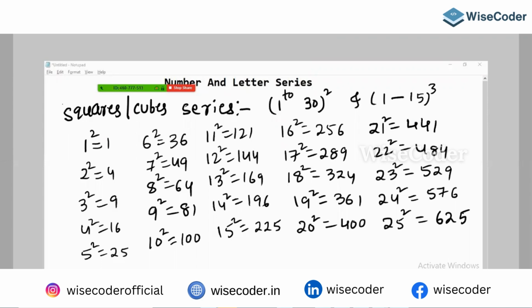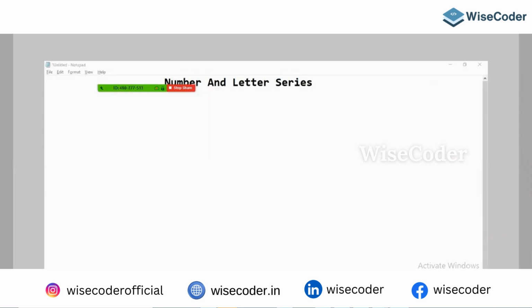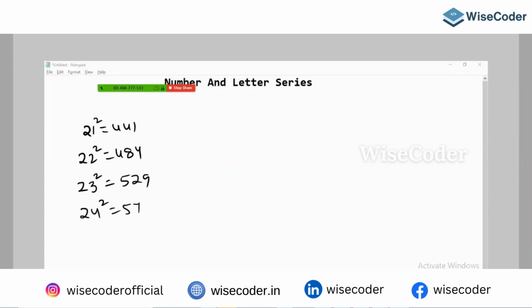So now, let me write these squares once again. I want to tell you something. 21 square is 441, 22 square is 484, 23 square is 529, 24 square is 576, 25 square is 625.